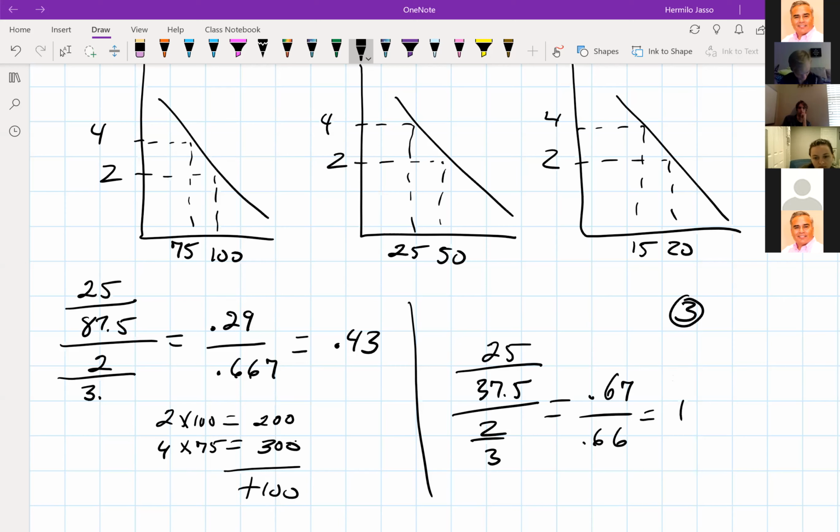So what type of elasticity is this? Unit elastic. People responded by the same amount.